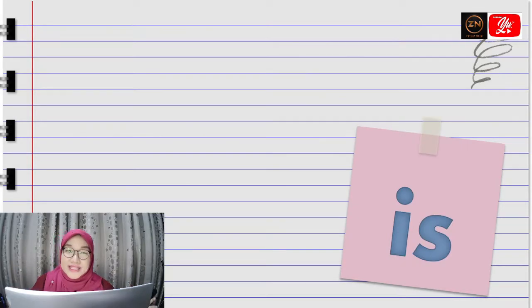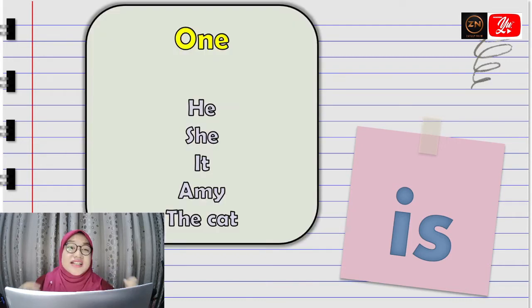The verb to be is is also known as the singular verb to be, which means that it is used for one subject. So if you have singular subjects such as he, she, it, Amy, only one person over there, and the cat, you know that the cat is singular because there is no s at the end of the word cat, so it means one, it means satu.